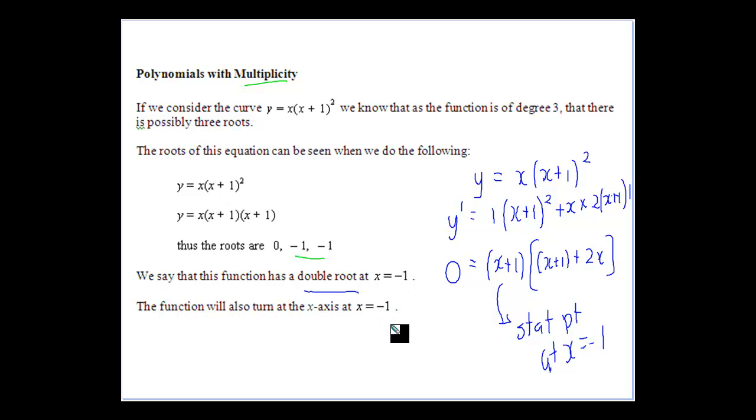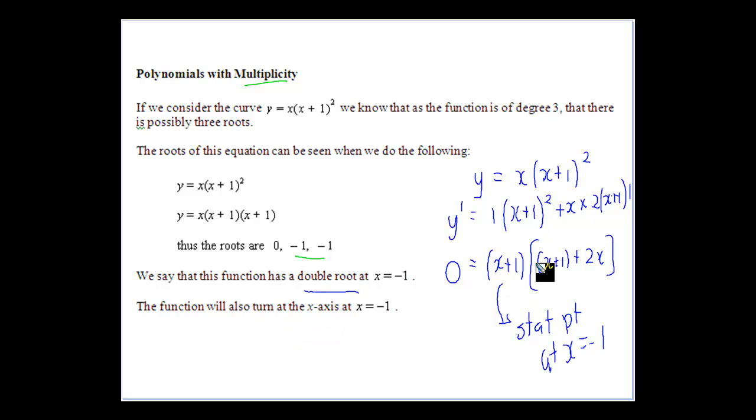So if that's the case, basically when you get a double root of an equation, the function there, as we said in the last video, will also turn at the x-axis. So it not only is a root, but it's also a stationary point.